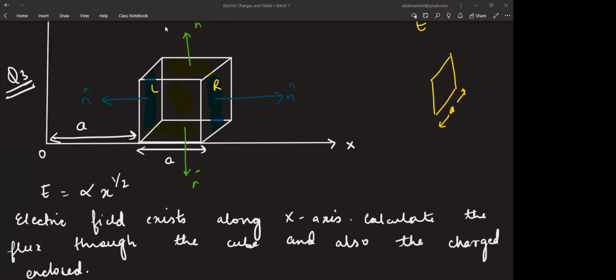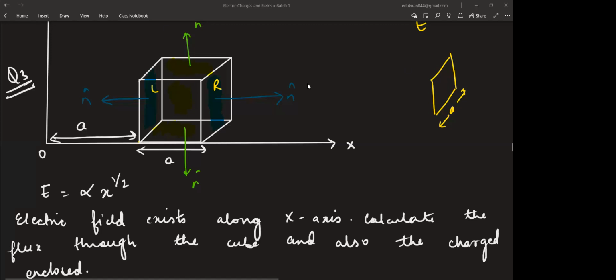That would give you the periphery. Area of a square, how do you calculate? Side into side. Very good. So this is A square.